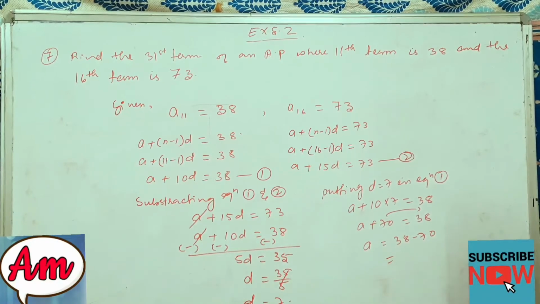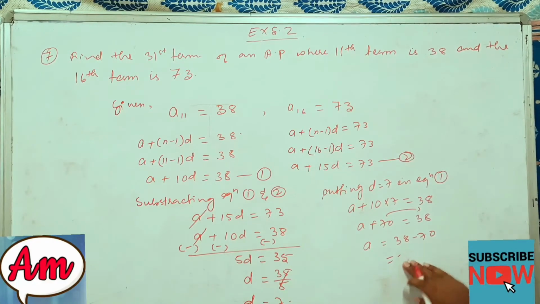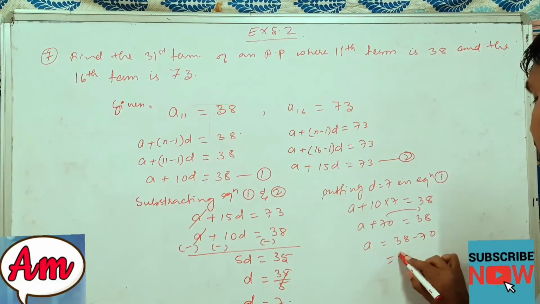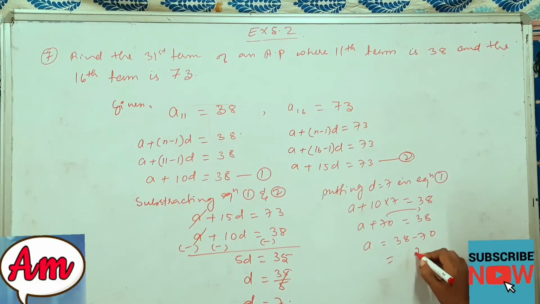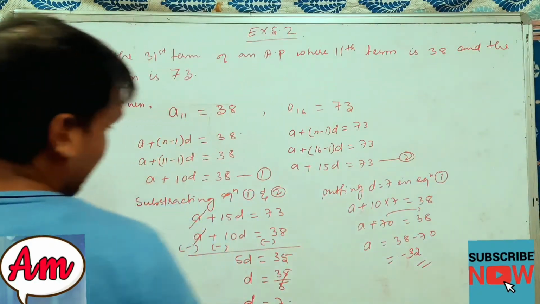So you are getting minus 32 as the value of a.